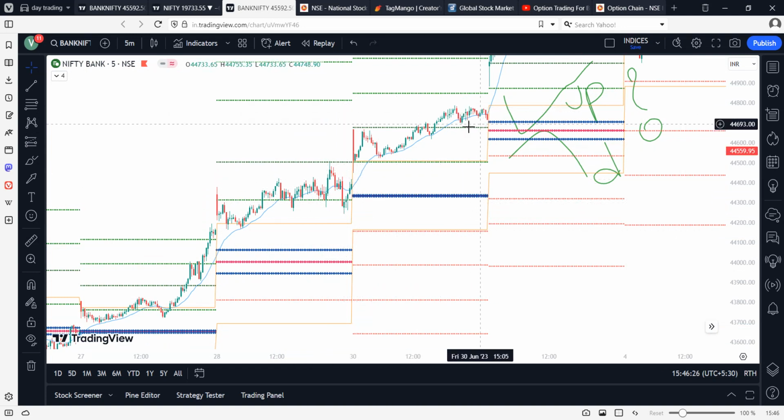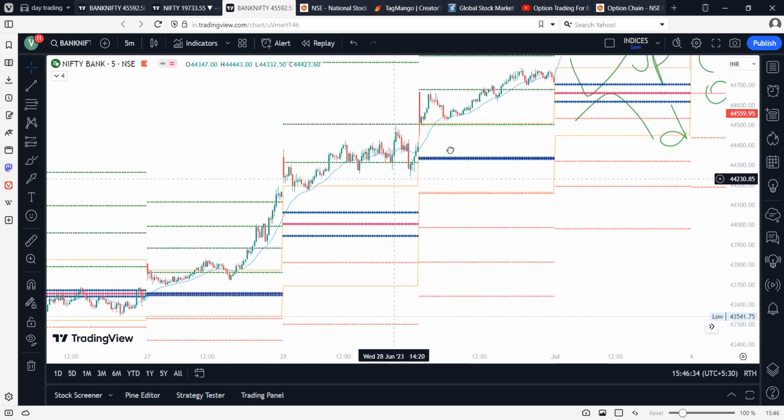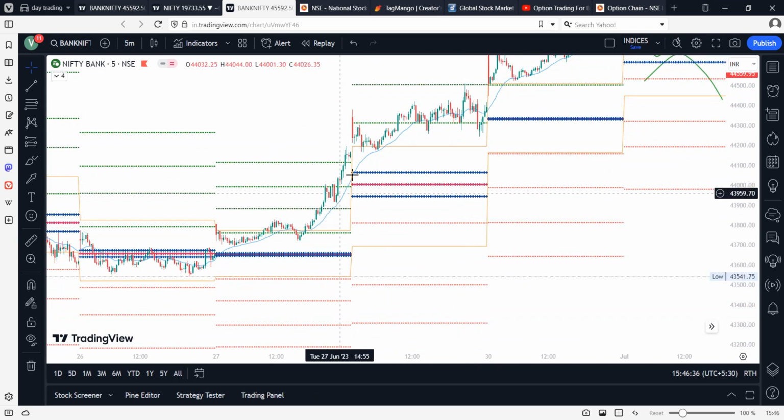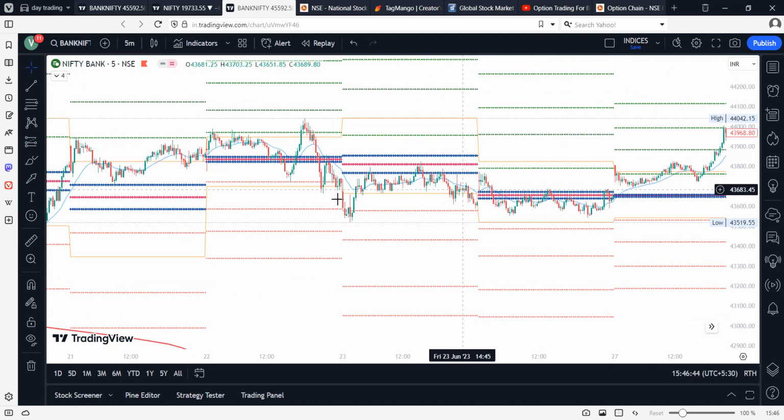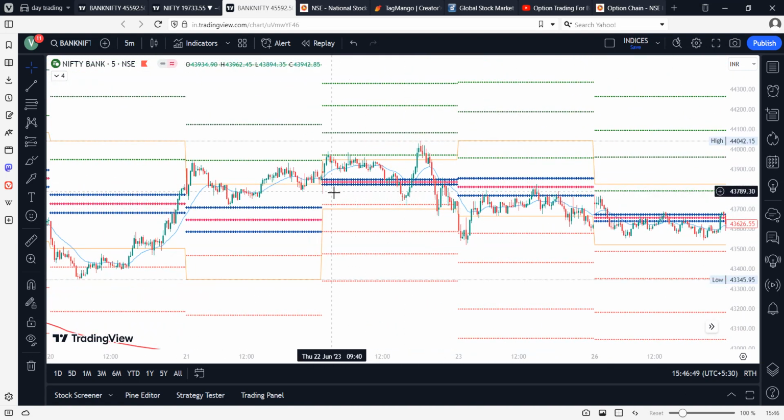Here also, R1 is right after the CPR. Again it closes above R4 actually. So the trend is uptrend.